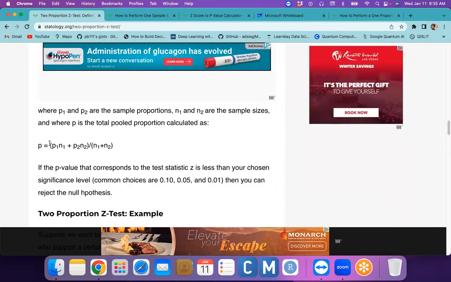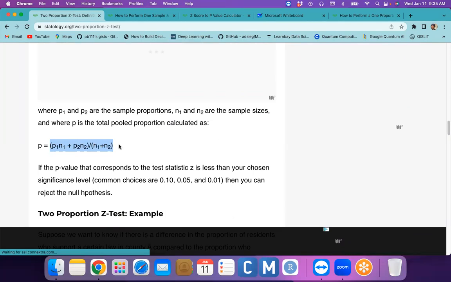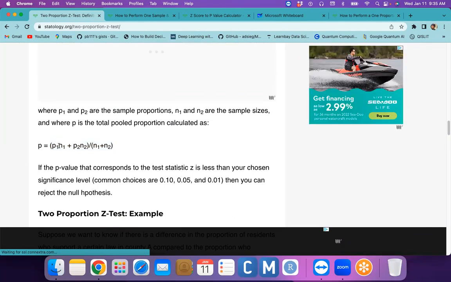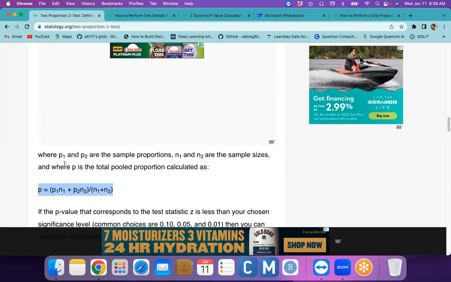So here the p-value you can calculate based upon p1 and n1. Here p1 is the population 1 proportion, p2 is the population 2 proportion, n1 is your sample 1 size, n2 is the sample 2 size, and based upon these values we can calculate the p-value.